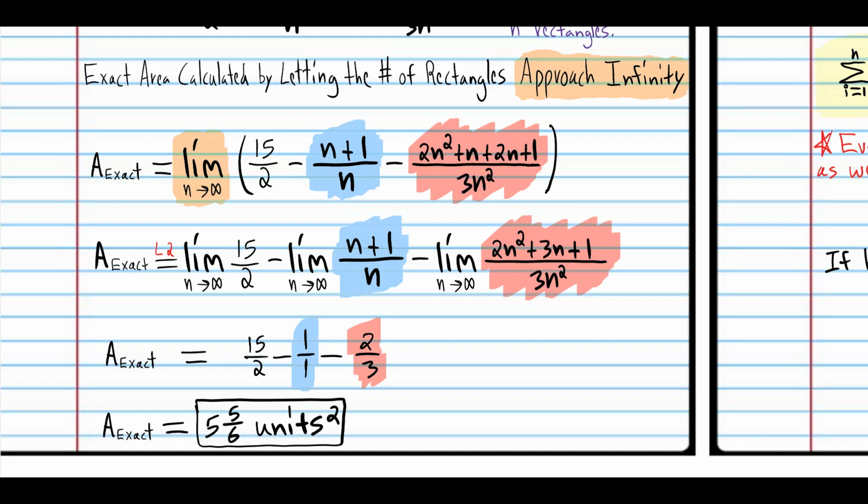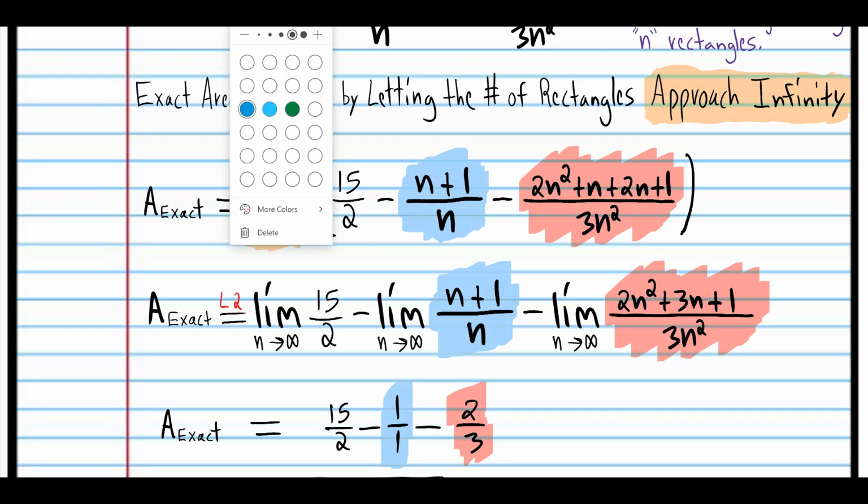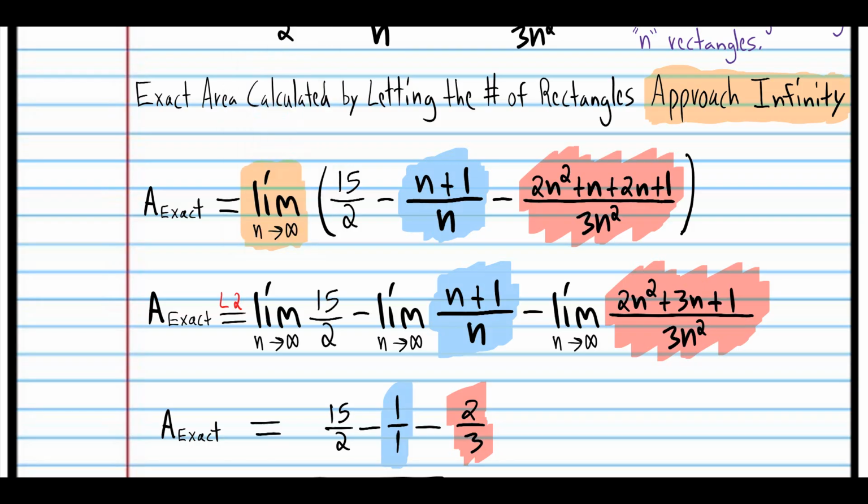Now, remember a couple classes ago, we learned limits at infinity, and we learned that if you have a rational function, and we have two rational functions here, and the degree of the polynomial in the numerator is equal to the degree of the polynomial in the denominator, so look at these exponents.